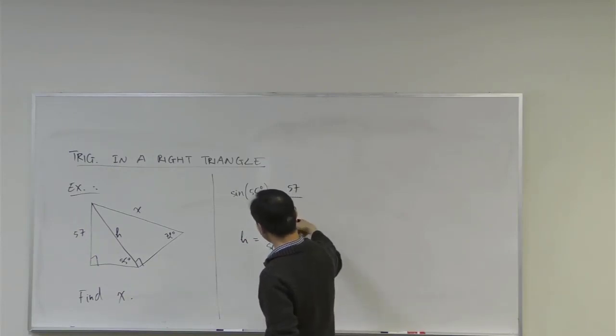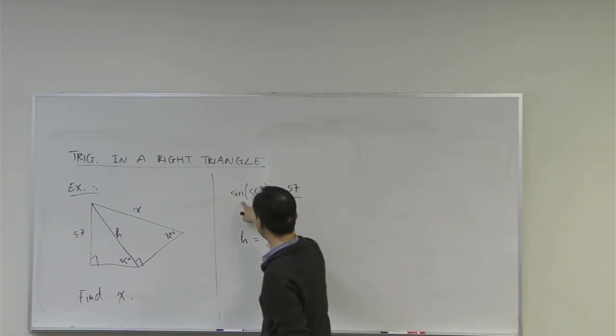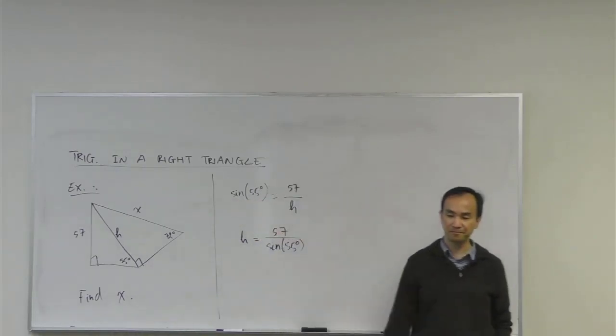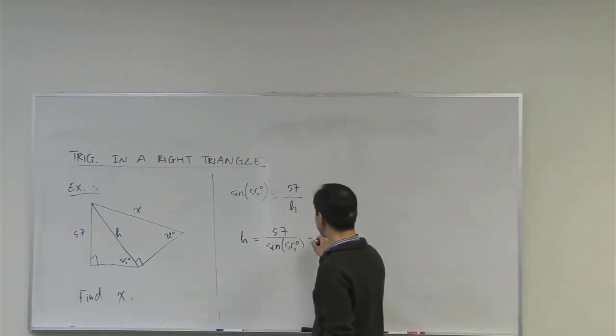I multiply the h to the other side, and at the same time divide both sides by sine of 55. That's how I rearrange my equation. Now we have a setup that's easy to calculate.